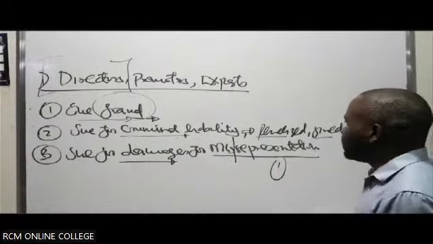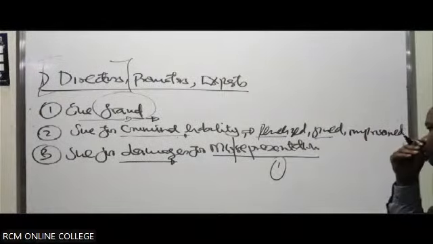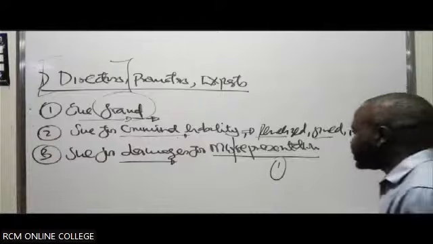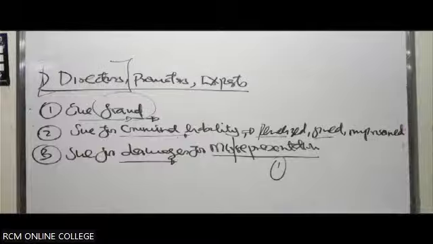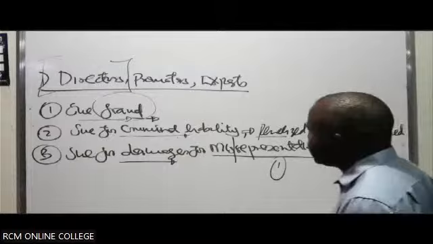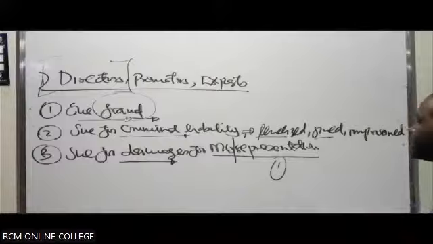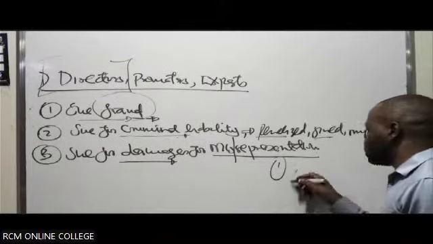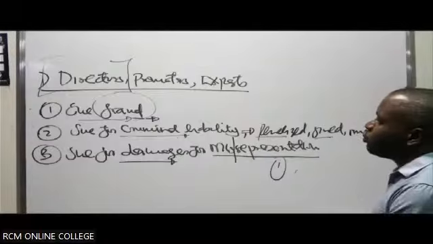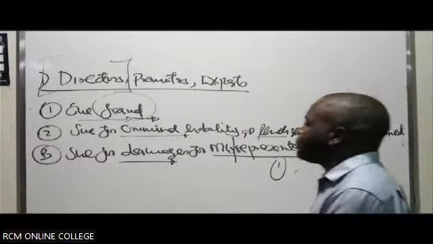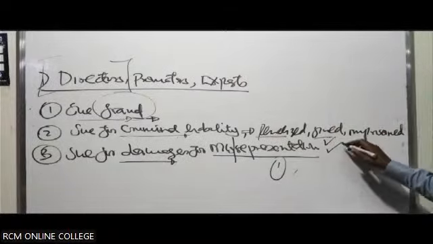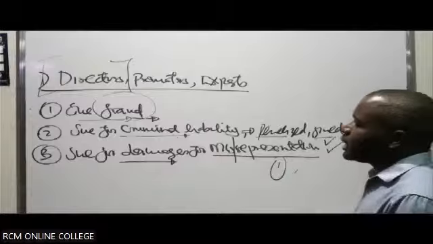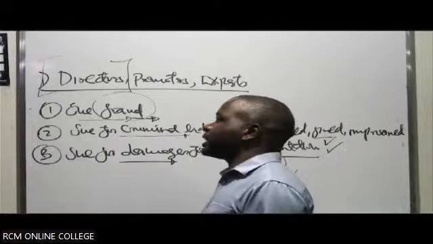So number one, part of the defense you can utilize before the court: you indicate that you were not aware of this misleading statement or misrepresentation, and once you became aware of it, you withdrew from being the director of the company before the prospectus was issued.